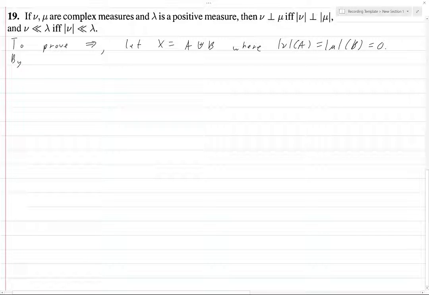So then, by 3.13a, we have |nu|(A) is less than or equal to |nu|(A), and likewise |mu|(B) is less than or equal to |mu|(B).